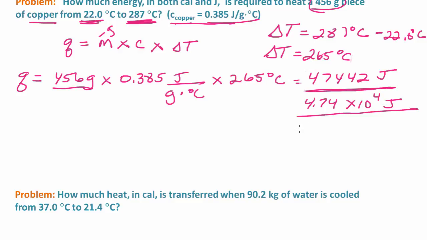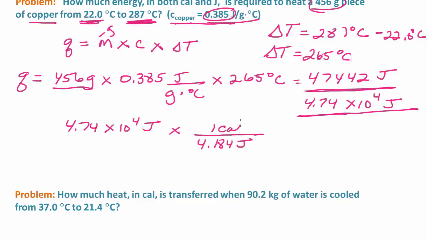Now they also want this in calories. There are 2 ways you could do that. You could convert the joules to calories here, or just convert the answer to calories. So we have 4.74 times 10 to the 4 joules. And we know that there are 4.184 joules per calorie.